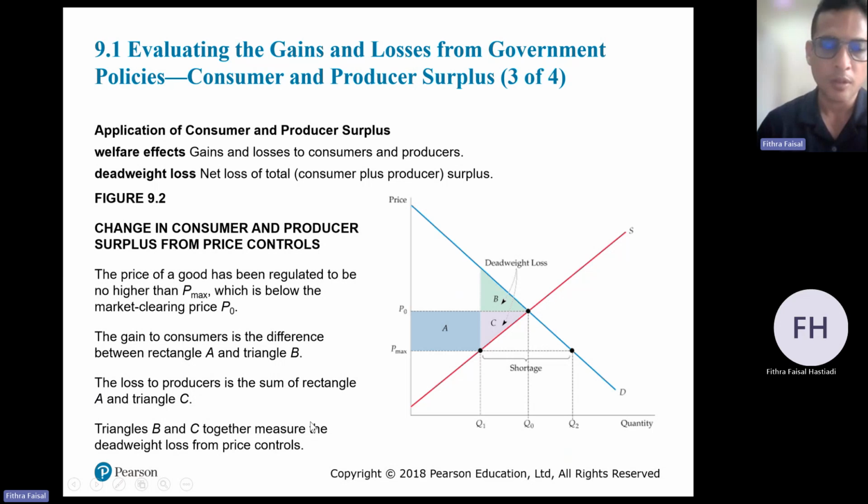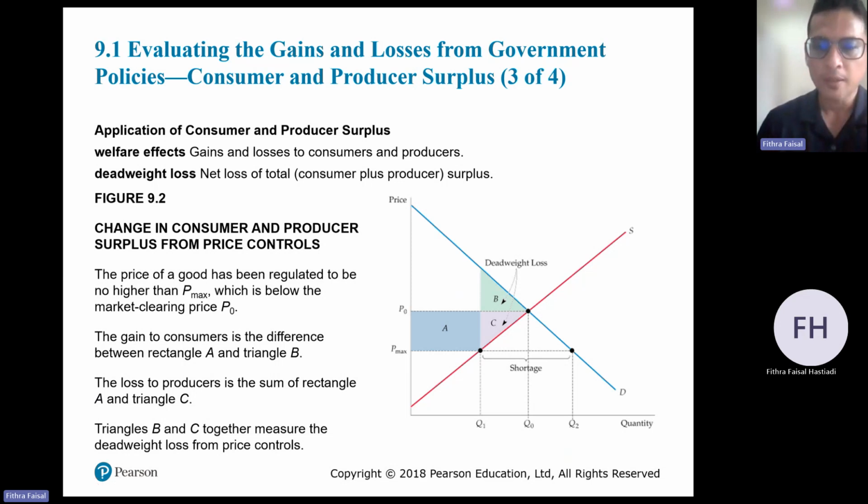And then what about the producer surplus? Since the government is reducing the price from P0 to P max over here, the area above the supply curve is all reduced. So the loss of producer surplus is the sum of rectangle A and triangle C.